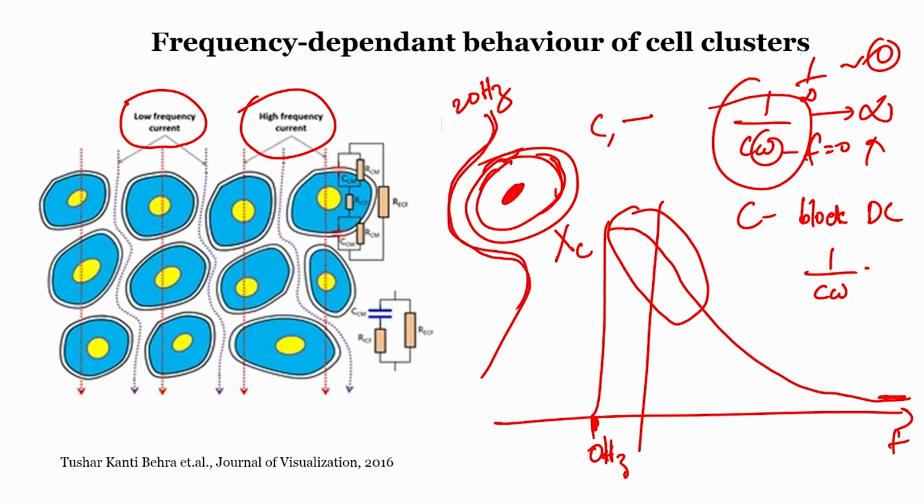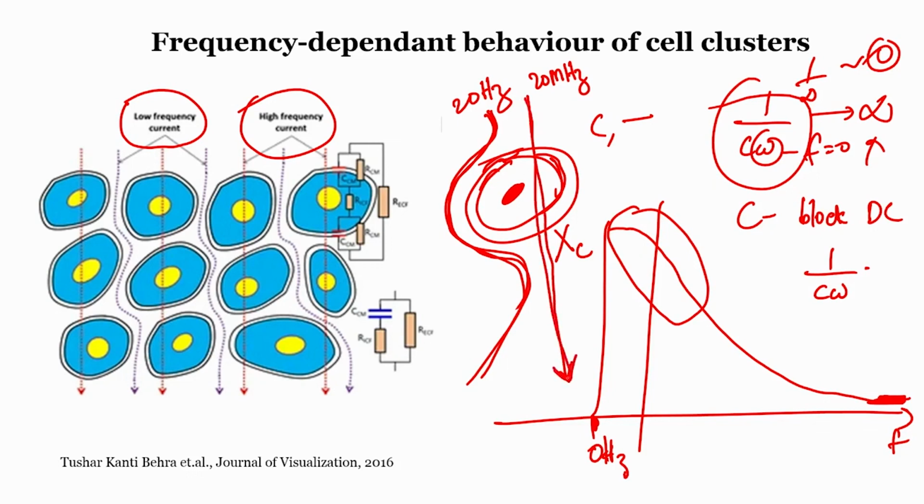It decides to go around the cell at lower frequencies. But at higher frequencies, the capacitance of the membrane, the capacitive lipid bilayer, has very low impedance, right. So, let us say instead of 20 hertz it is 20 megahertz, a very high frequency, the current can pass through because it is now a low impedance path.